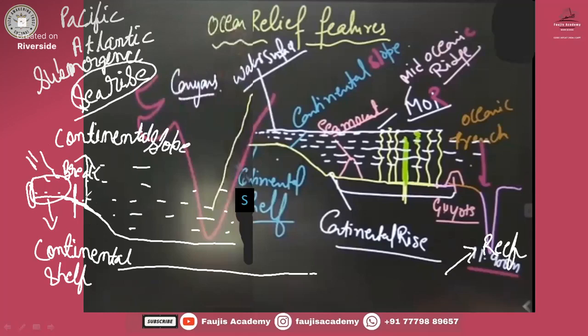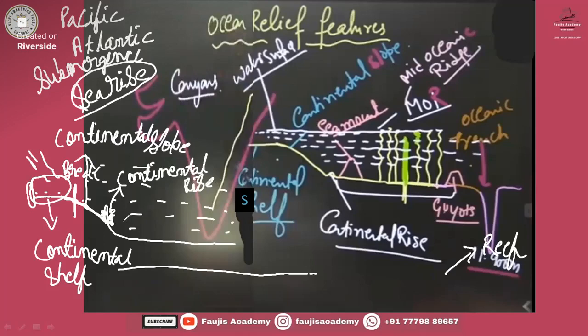All those materials settle down after the continental slope, like a flat area, and it looks like a rise. So after the continental slope, all those deposited materials look like a rise, and that part is known as the continental rise.